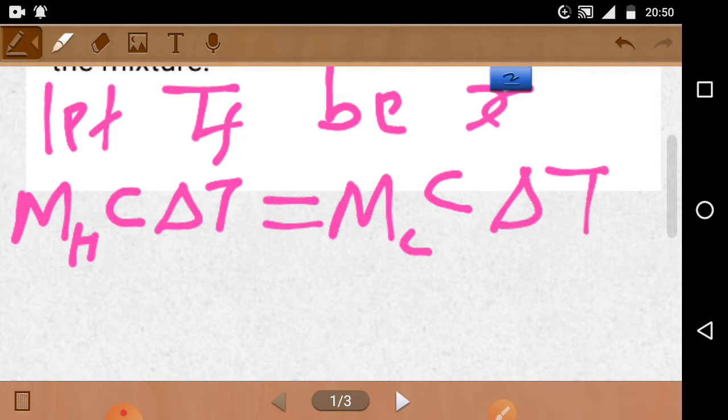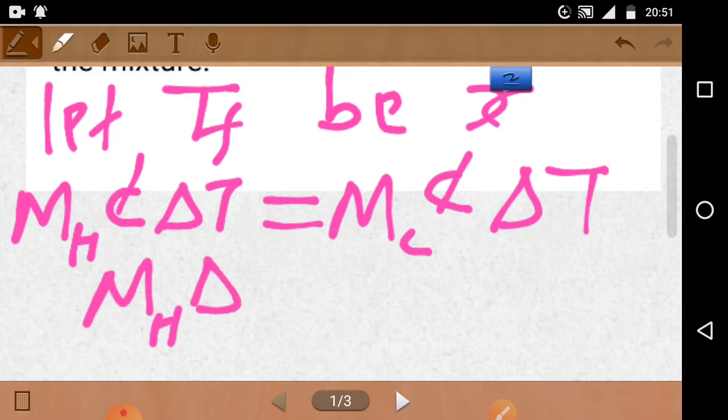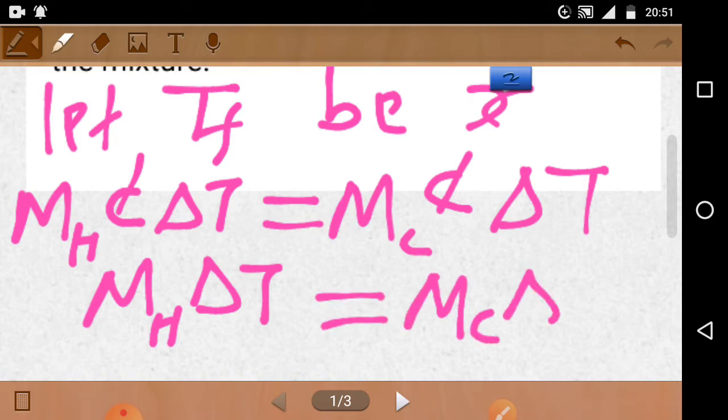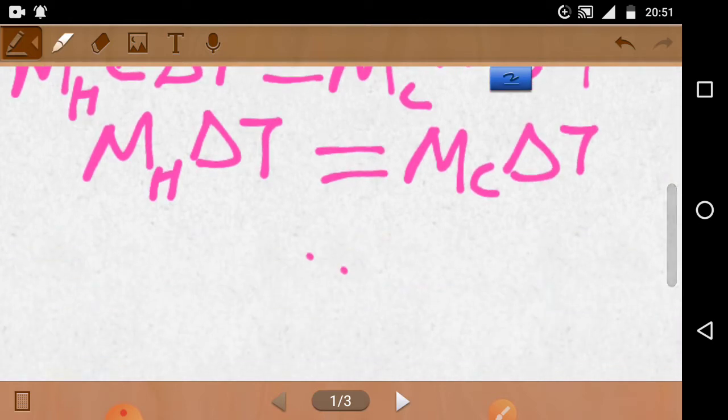Because the specific heat capacity of water is the same, it will cancel out, and we remain with the mass of the hot water times temperature change will be equivalent to the mass of the cold water times temperature change. Okay, now let us substitute this with the information given in the question.